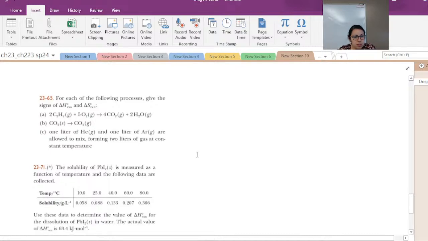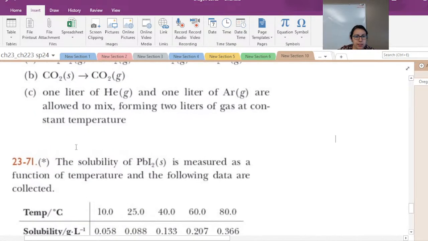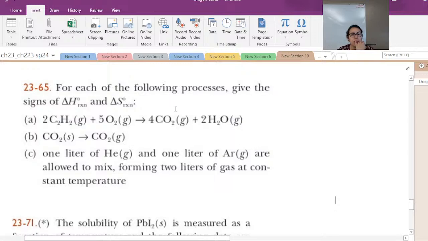Let's do 65 at least, because this one, at least I think it should be easy, maybe. So see if you can determine the signs.